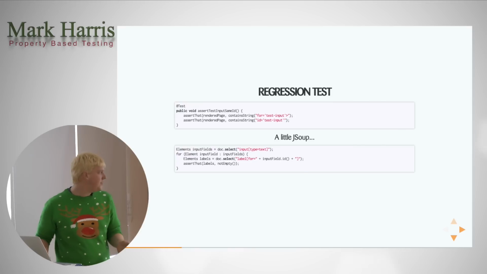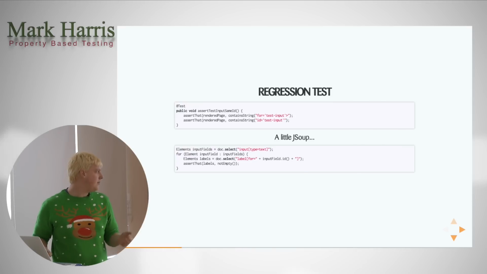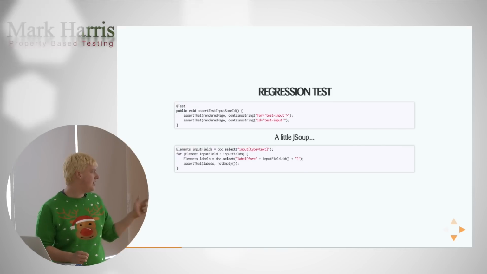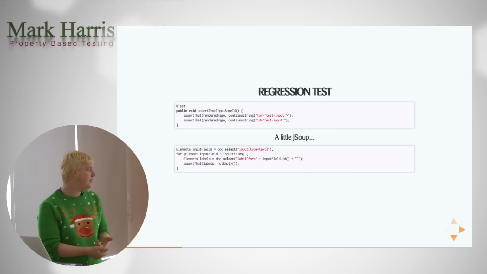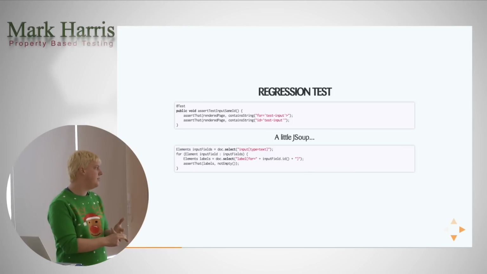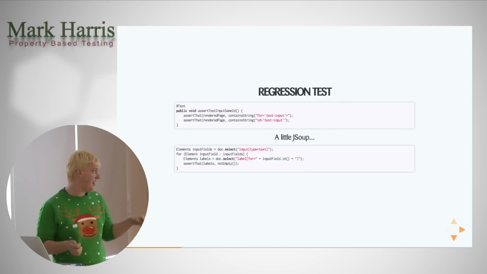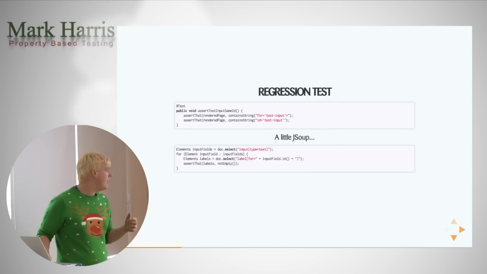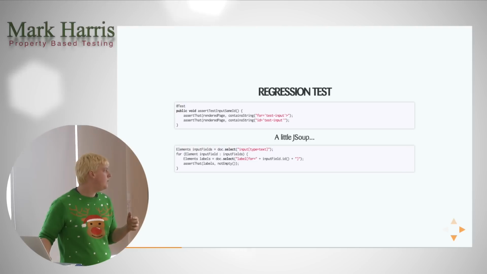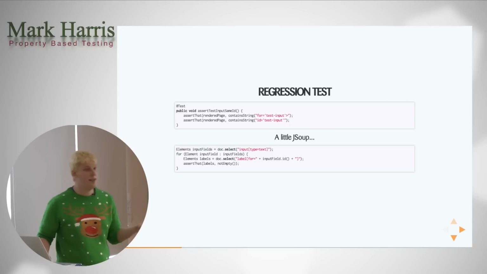So there's a library called JSoup, and what we have is something that runs CSS selectors, pulls out all of the text fields, and says for each of them there should be something in the page that is a label for that input field. And that's a property test.